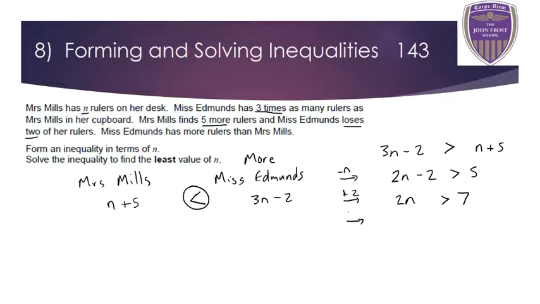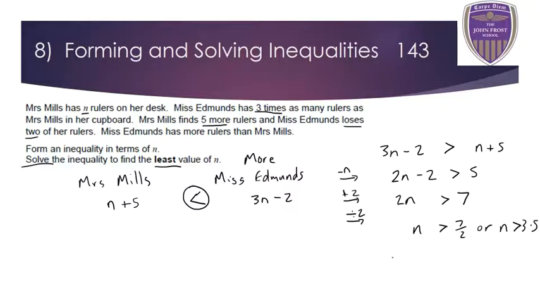And then finally, to solve this, I'm going to divide through by 2. So n will be bigger than 7 over 2. Or, if you know what that is as a decimal, it's 3.5. So n is bigger than 3.5. So we've now solved the inequality. What's the least value of n? So n can be a number bigger than 3.5.